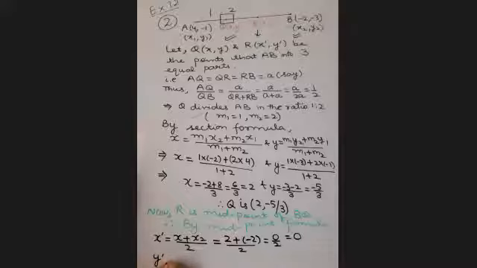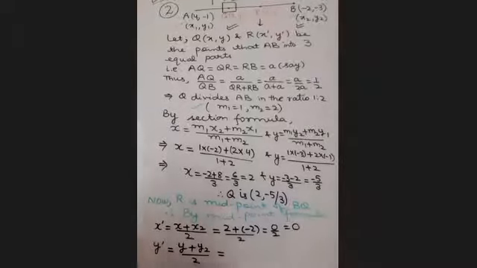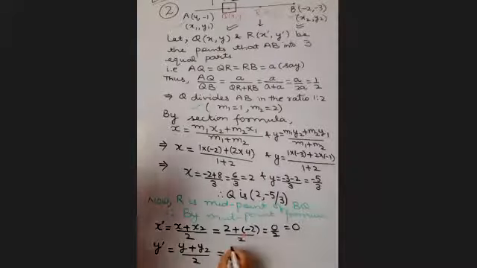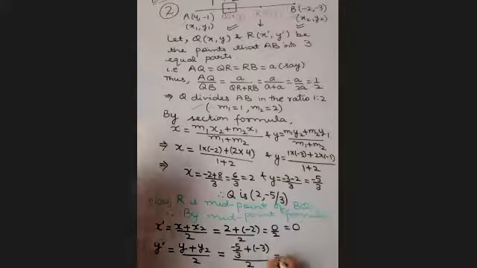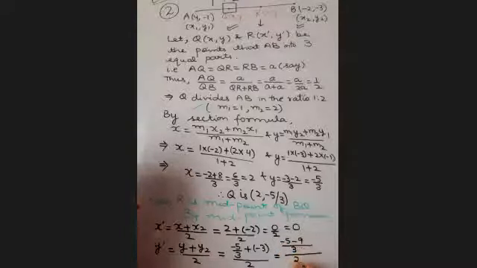And y dash is (y plus y2) upon 2, where y is -5 upon 3. Please be careful: plus -3, divided by 2. Here you need to take the LCM in the numerator first and then take care of this 2. So this is equal to, LCM is 3, (-5 minus 9) upon 3, all divided by 2.